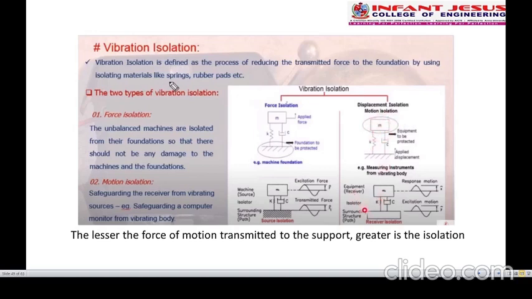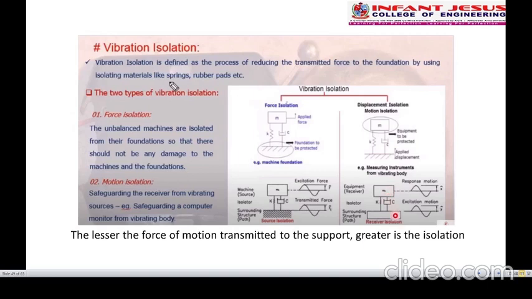Here also you can see this is the receiver, so this is receiver isolation. From here the force has to be passed to the system. This is the equipment. From here the vibration or the disturbance is passed to the equipment, so this equipment has to be protected. Here we should have an isolating material for protecting the equipment.